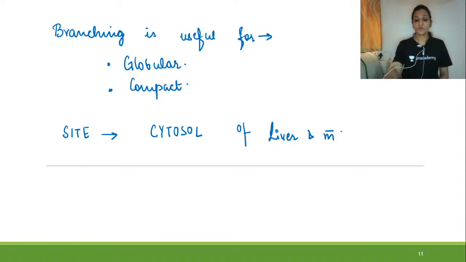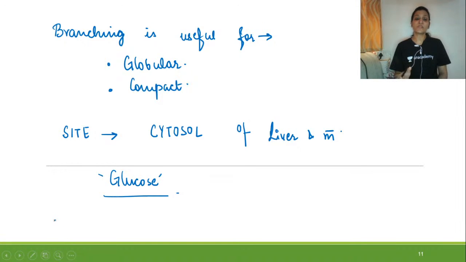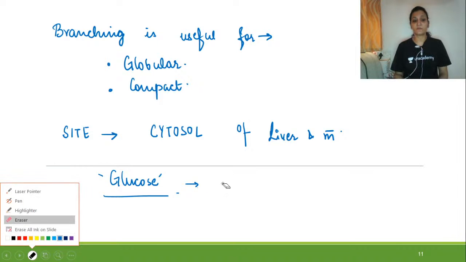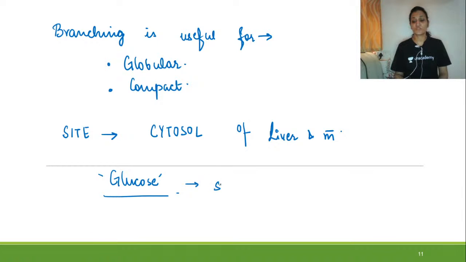Right? So if we are talking about glycogen synthesis, what is the basic monomeric unit of glycogen? It is glucose. So for formation of glycogen, glucose should be available.